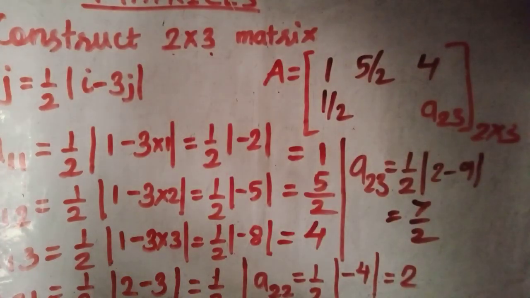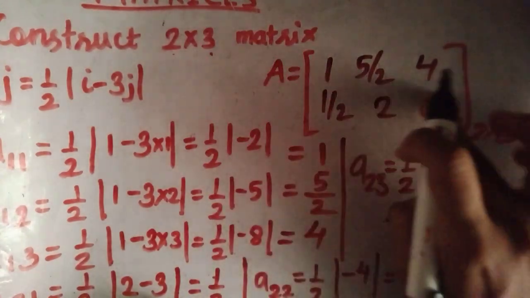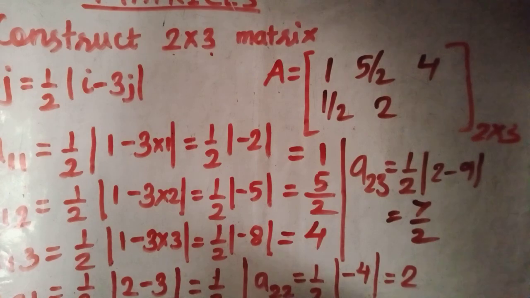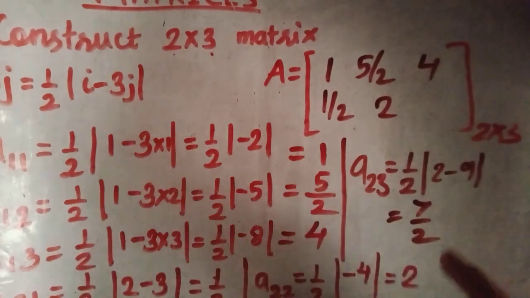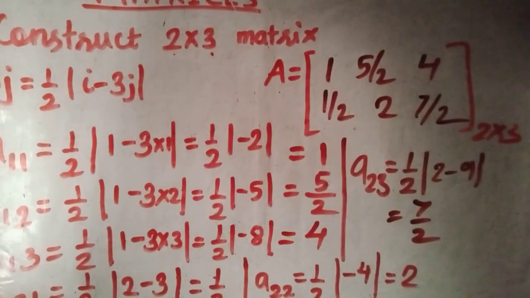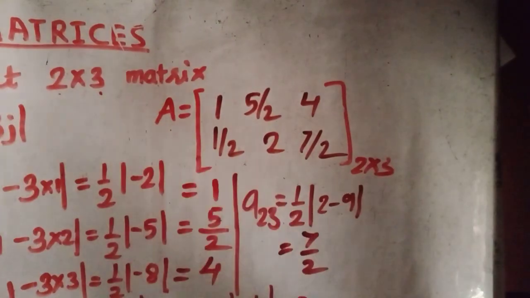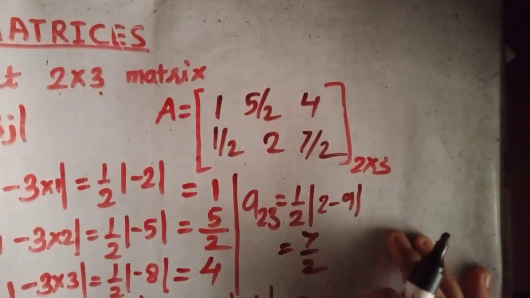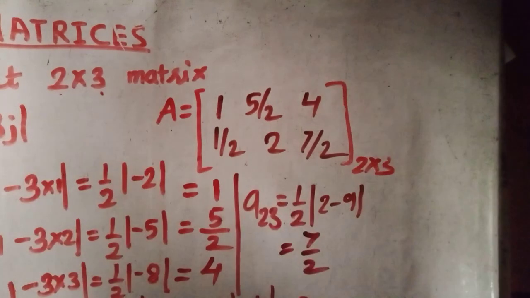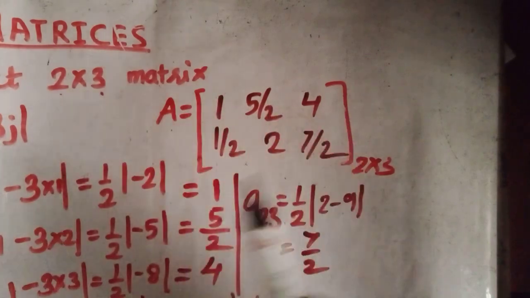A22 is 2, and A23 is 7 by 2. So this is the matrix we got. This way you have to substitute values of i and j so that we get the entries of the matrix.